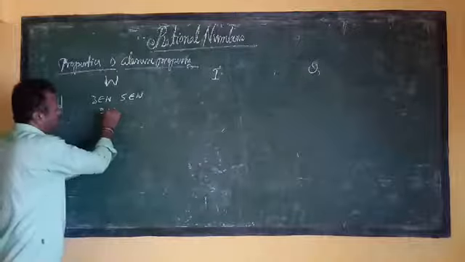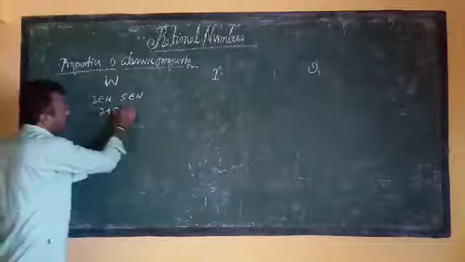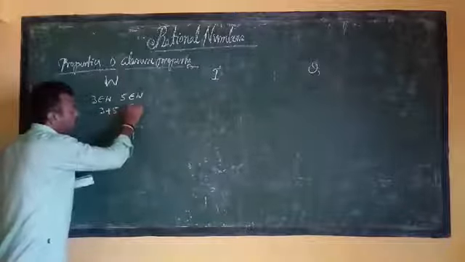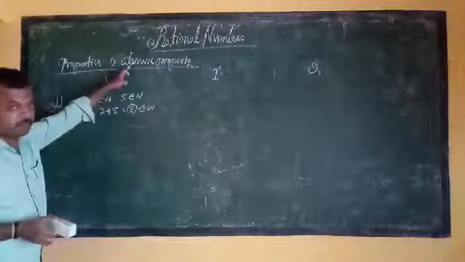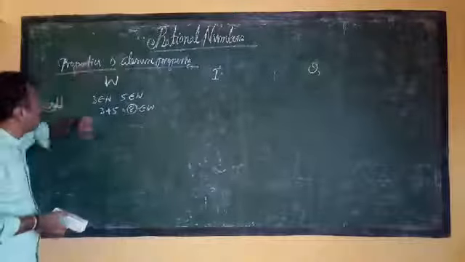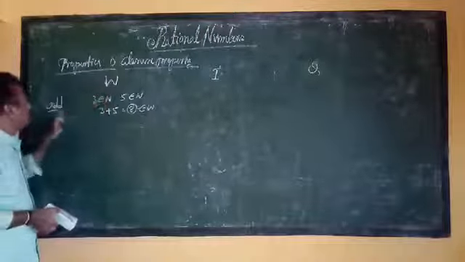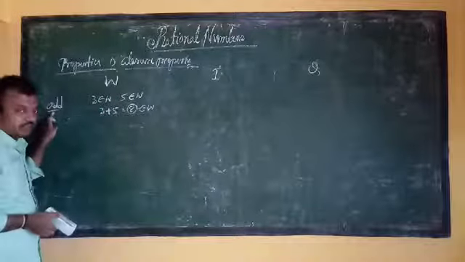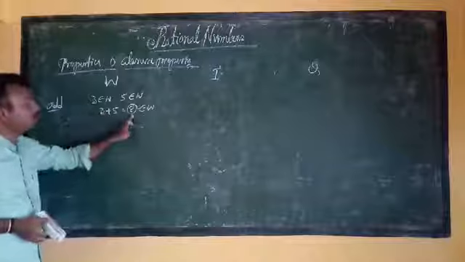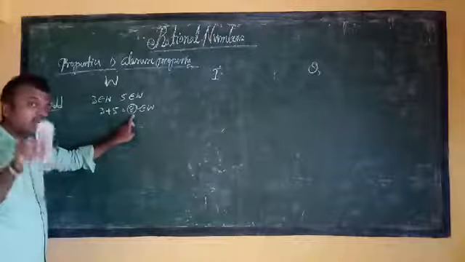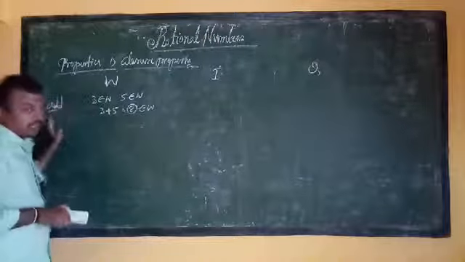So 3 plus 5 becomes 8. This resultant number also belongs to the whole numbers. Then it is called closure property. Understand? Therefore, closure property of whole numbers is satisfied under addition, because 3 and 5 are whole numbers, I add them and the resultant number is also a whole number.